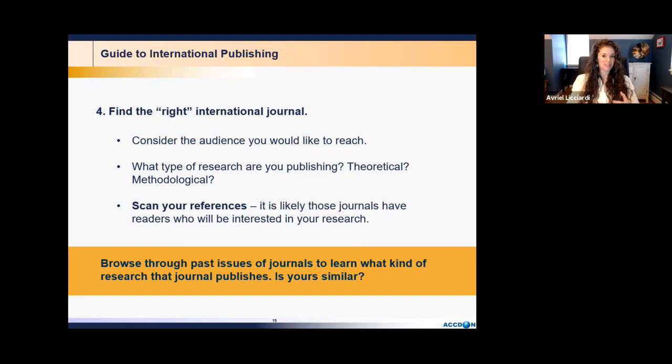Now you've built that research library, you've learned the literature from our first steps, and you'll probably start to see that your research that you're citing is often from 5 to 15 similar journals. There'll be those high impact journals that cover all types of research, but then you'll find these journals that are mostly related to your niche. Those journals are very likely going to have readers who are the most interested in your research, and those are going to be good targets for you.